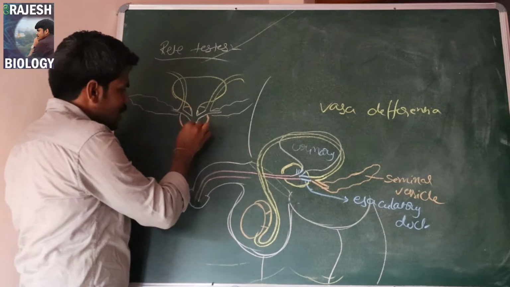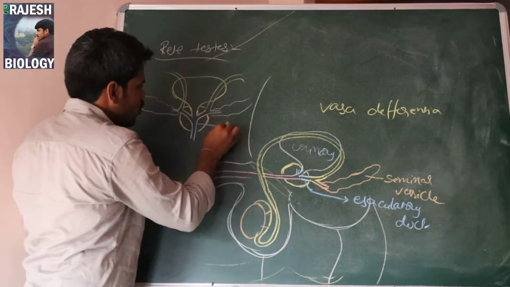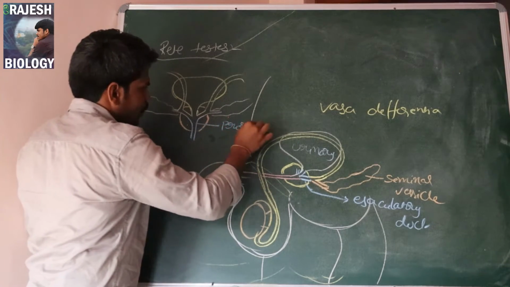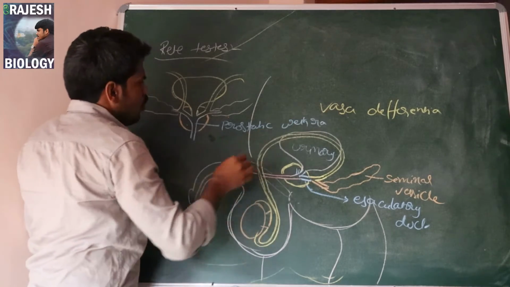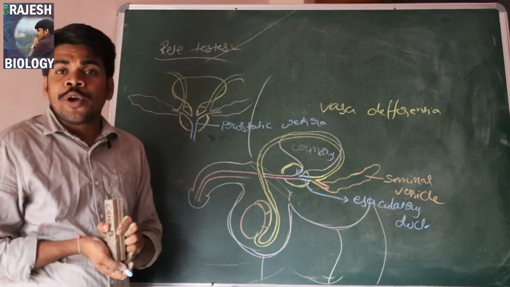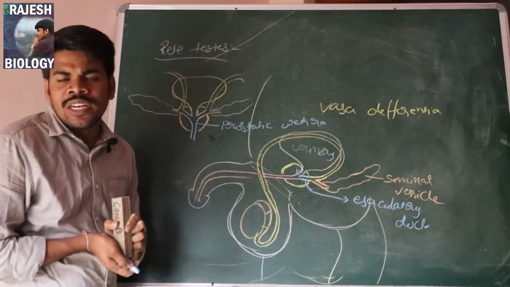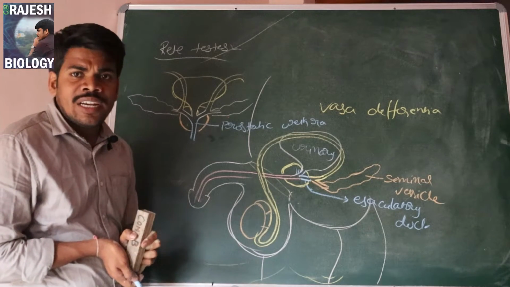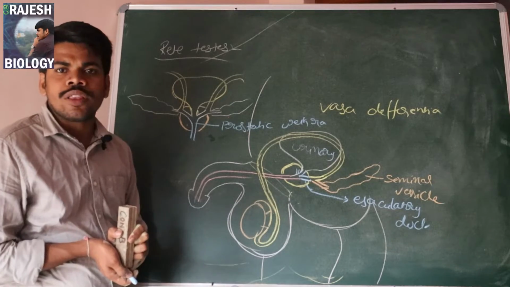So this urethra is called the prostatic urethra. Up to the ejaculatory duct, it is purely a reproductive duct only. After the ejaculatory duct, it is a urinogenital duct, that is nothing but the urethra.